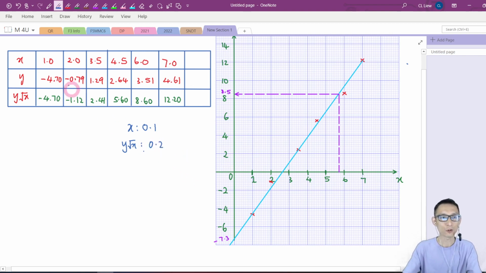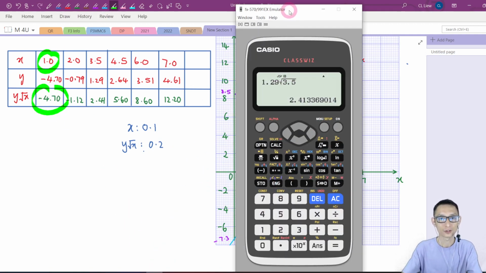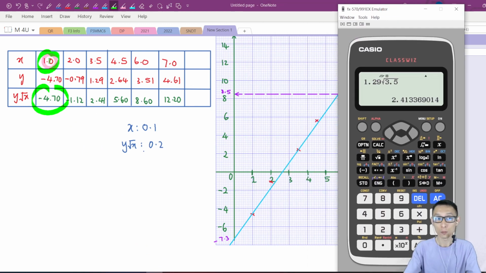So for example, I'm going to show you how I plot this point. I'm going to take out my calculator. For the x value, 1, no problem, right? So how do I get this one? You can calculate one by one, but I think it takes time. Another easier way is to just forget about the negative. You just think about 4.7.